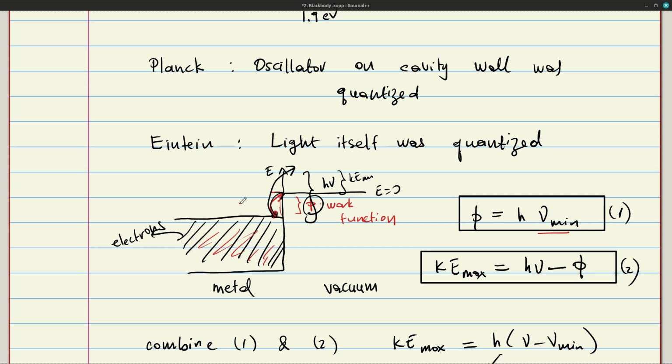And there is a minimum frequency, and this minimum frequency should provide the minimum energy here. So this is delta E, actually, which we called phi. This phi, by Planck's equation, should come with h nu, and the minimum amount you have, we call it h nu min, right? That makes sense.